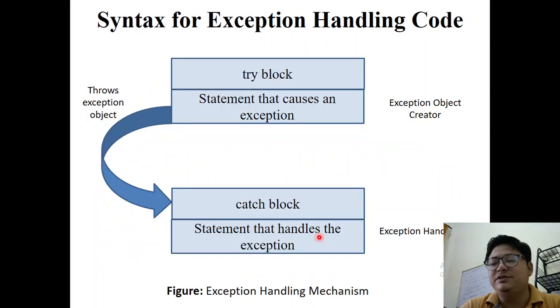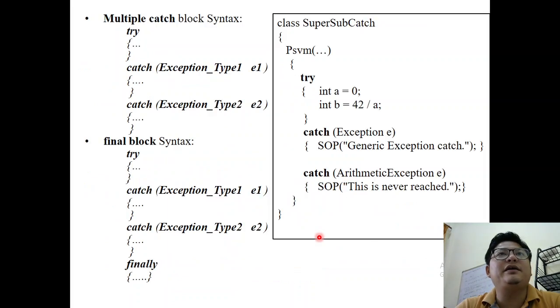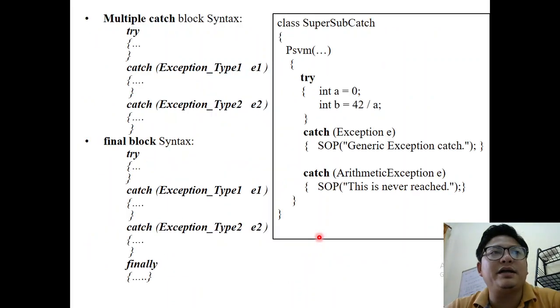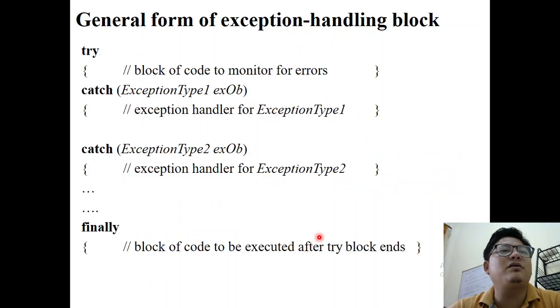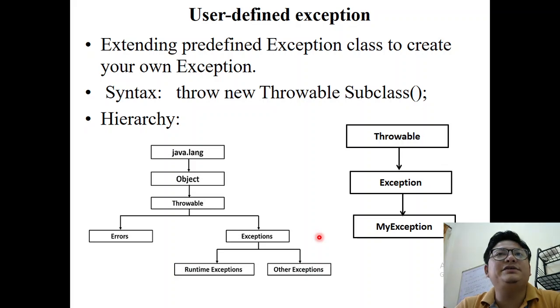We understood the syntax and the examples, and we have also seen that we can have multiple catch blocks, the uses of the finally block, and how to create a user defined exception by extending the Exception class, which falls under the Throwable class.